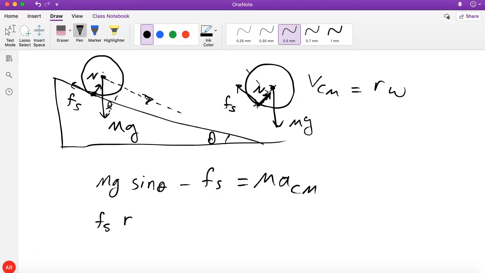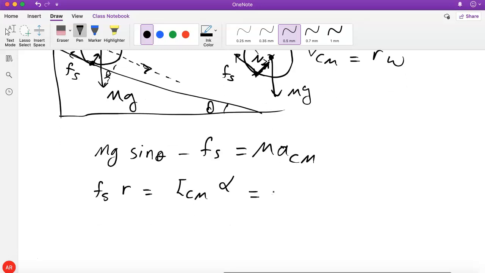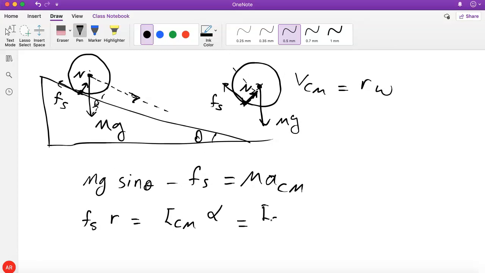The distance is r from here, where the friction force is applied, to the axis that goes through the center of mass, and that must be the moment of inertia times alpha, the angular acceleration, which is also equal to ICM, the acceleration of the center of mass divided by r. This follows from just taking the derivative of that equation, right? R doesn't depend on time. If I take a time derivative here, the rate of change of v, which is a, is r times the rate of change of omega, which is alpha.